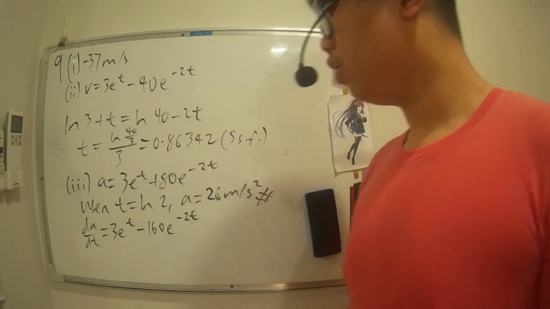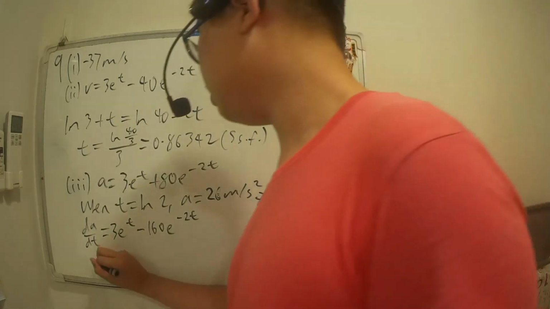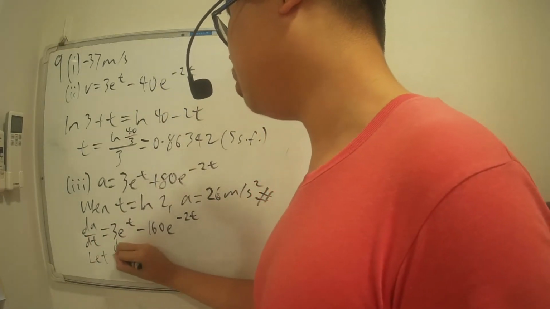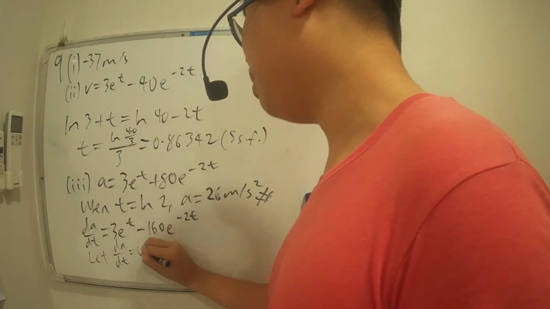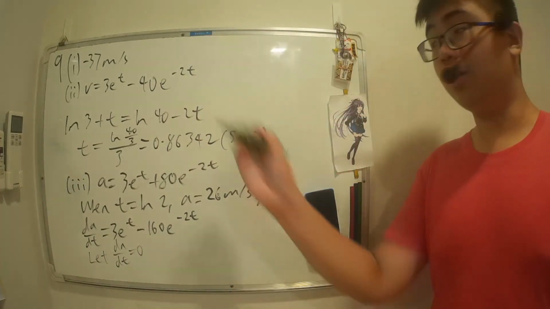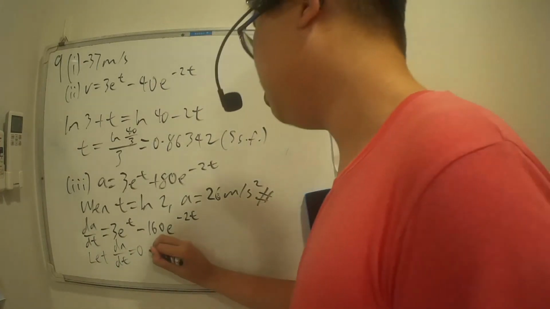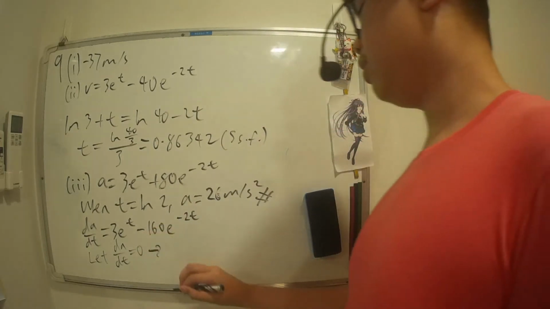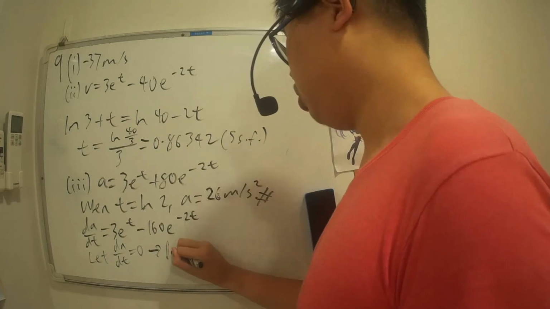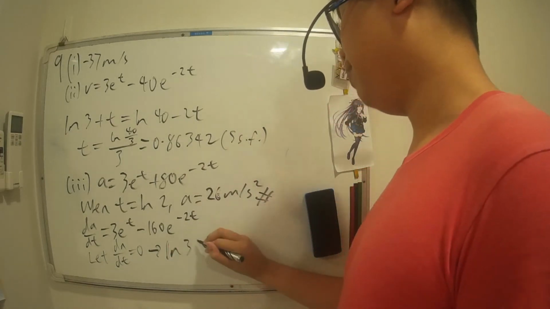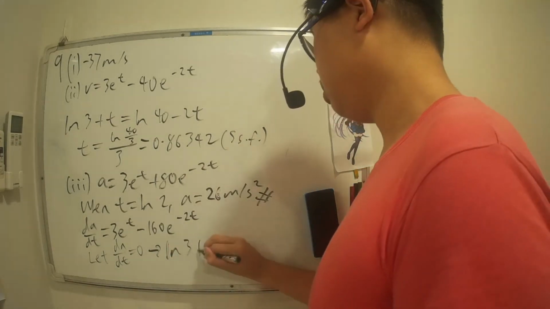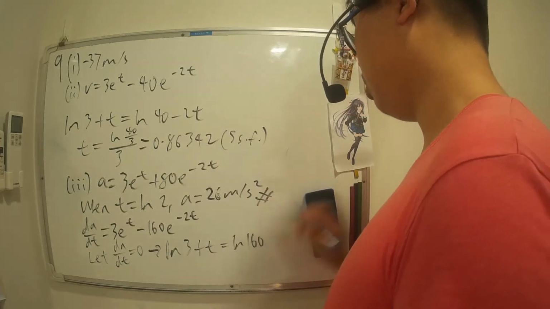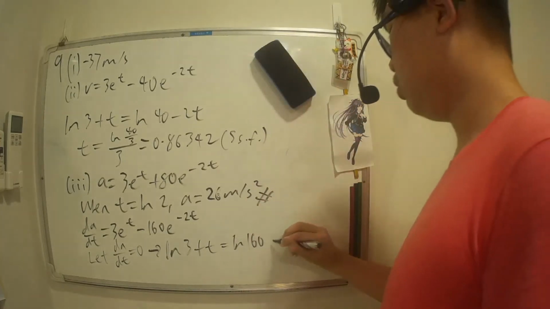Alright? So then we have to let dA/dt equal 0, right? And then we will use a very similar thing to what we did with the v. So from here, we will take the ln on both sides, right? So I'll have ln 3 plus t equals ln 160 minus 2t.